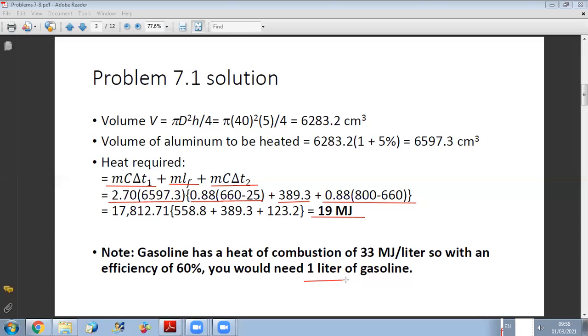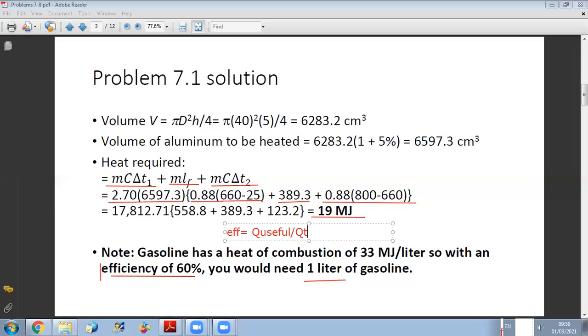Okay, so we should burn 1 liter of gasoline considering an efficiency of 60%. When we talk about efficiency, you know that any combustion will have losses. So the efficiency is the useful amount, if you want. So when they gave us an efficiency, it is equal to useful heat, Q useful, over Q total.